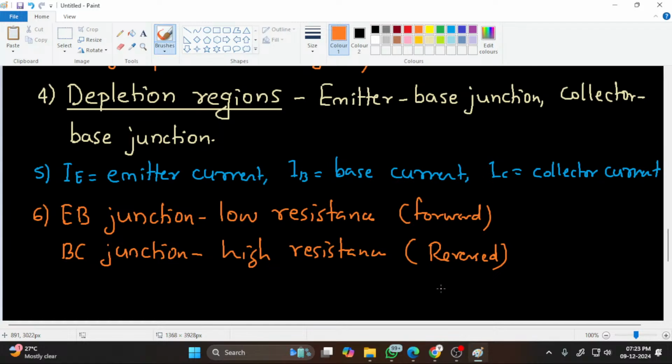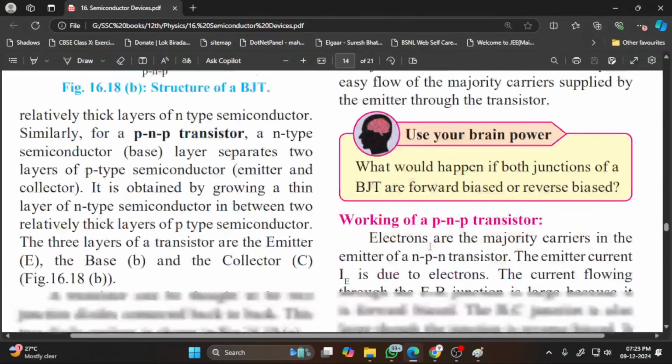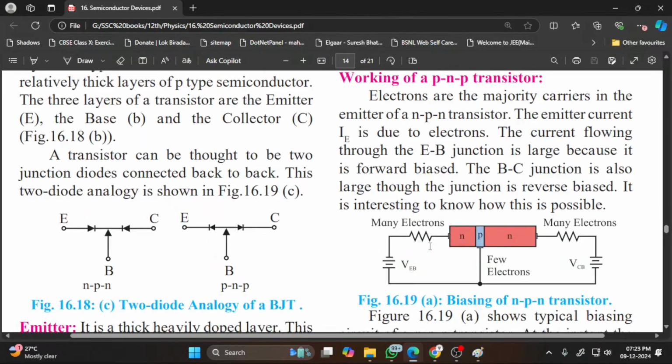Then we see the working of a transistor, how a transistor works. Electrons are the majority carriers in an NPN transistor. Emitter current IE is due to electrons.